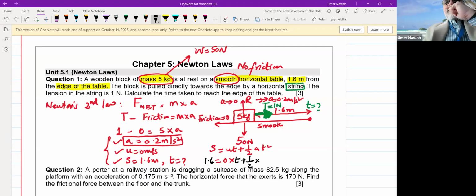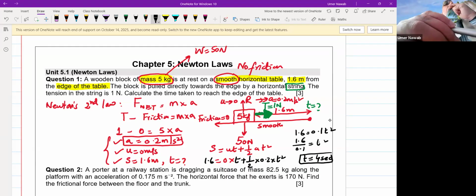Half acceleration, we found 0.2 times t squared. So now 1.6 is equal to 0.1 t squared, and t squared is 1.6 over 0.1. So t comes to equal 4 seconds. So the question was not very hard. Two things are important for you in this question.